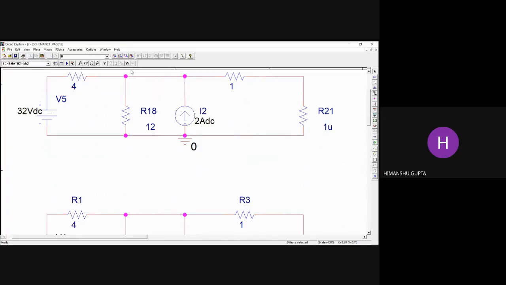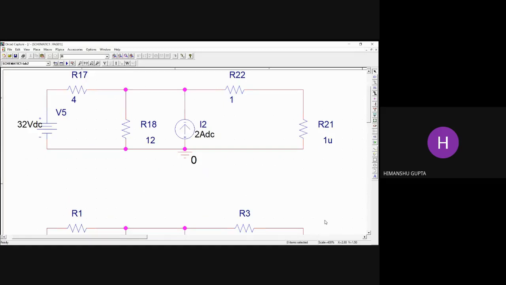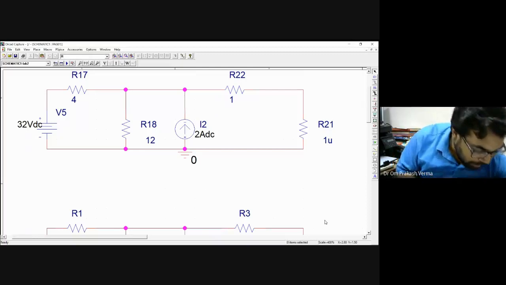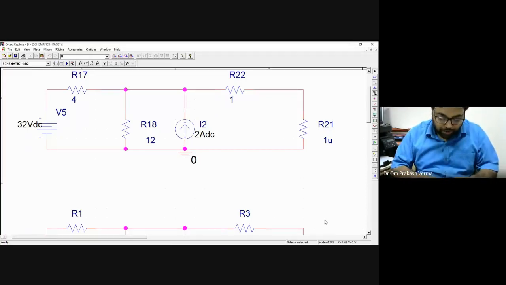Now we know VTH, that is the open circuit voltage, and the short circuit current. By dividing the open circuit voltage, or Thevenin's voltage, by the short circuit current, I get RTH. So simply VTH divided by ISC. That is the input resistance, right?